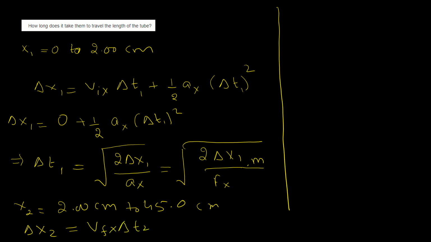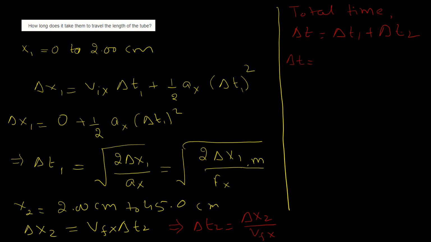From this we can say that delta t2 can be written as delta x2 over v_fx. Now since we have delta t1 and delta t2, we can find the total time. So the total time delta t will be the sum of delta t1 plus delta t2. We are just going to add these equations.